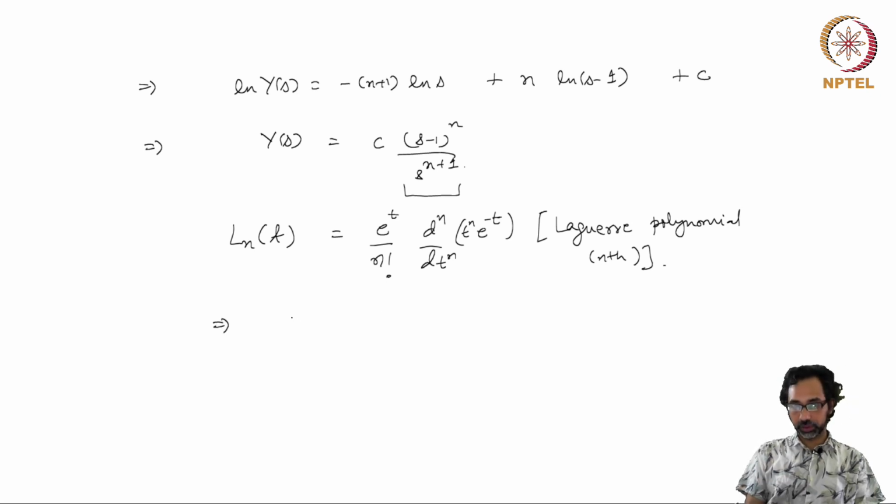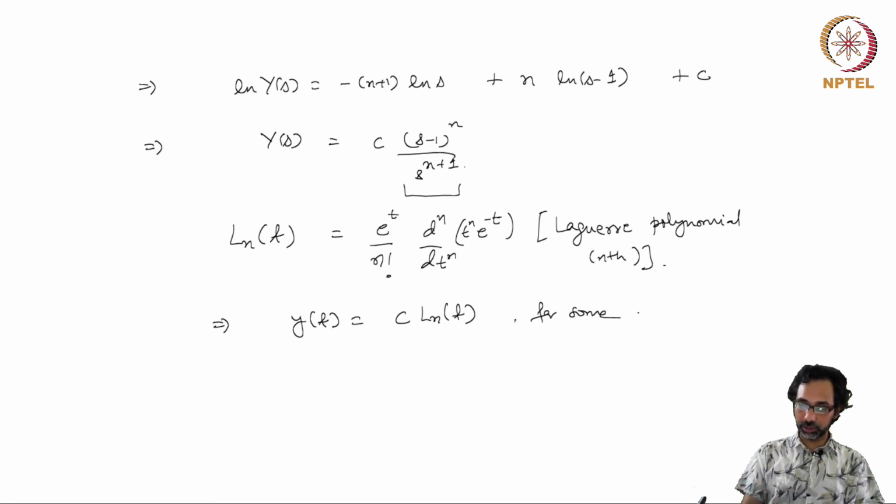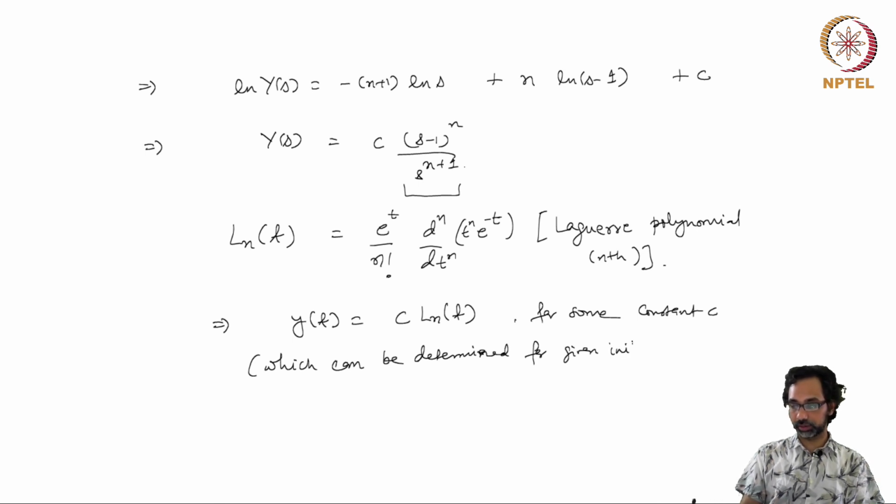This means that the solution y(t) is a constant multiple of L_n(t), for some constant c, which can be determined for a given initial condition. So for example, if we put y(0) equal to 1, then c is equal to 1, because L_n(0) is also 1.